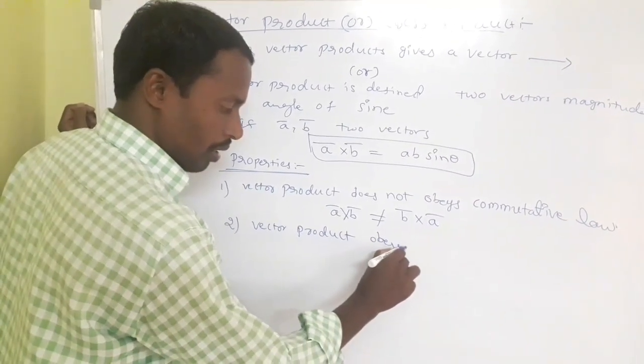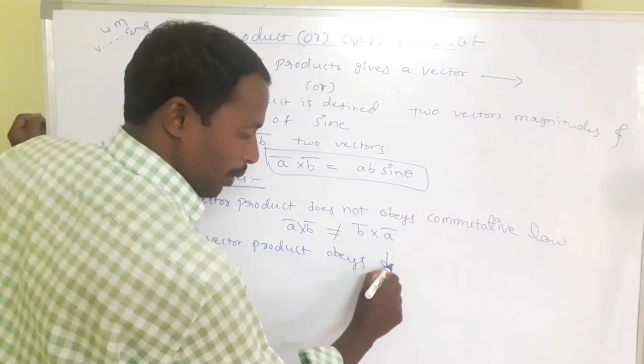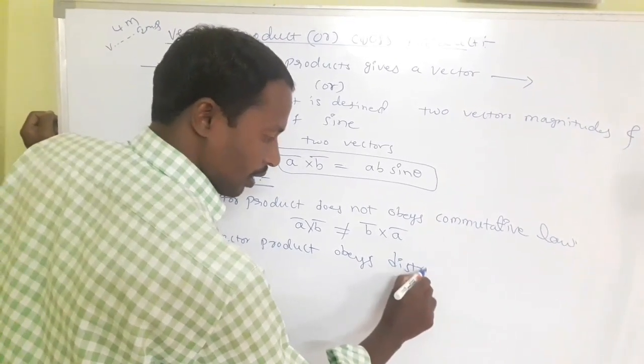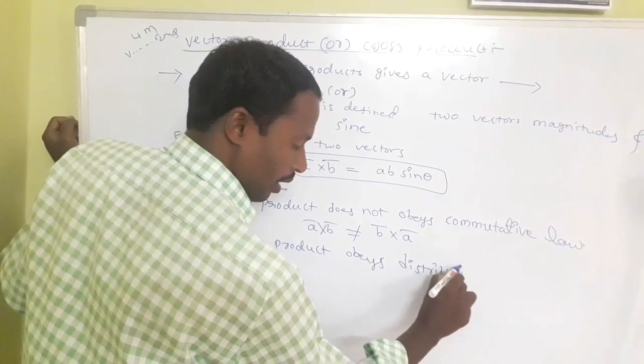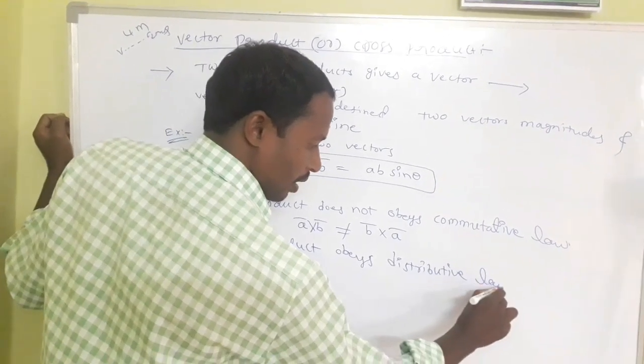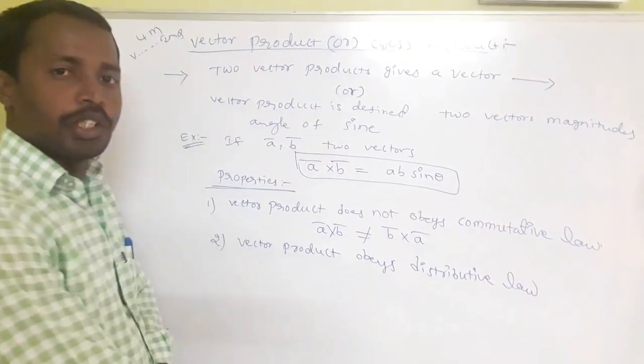Next, the second property: vector product obeys the distributive law.